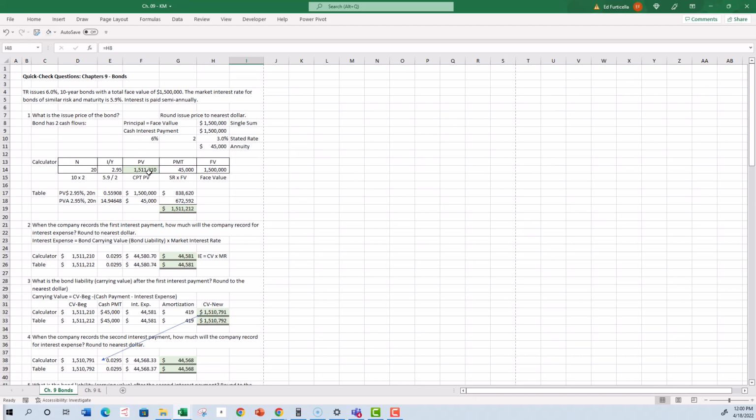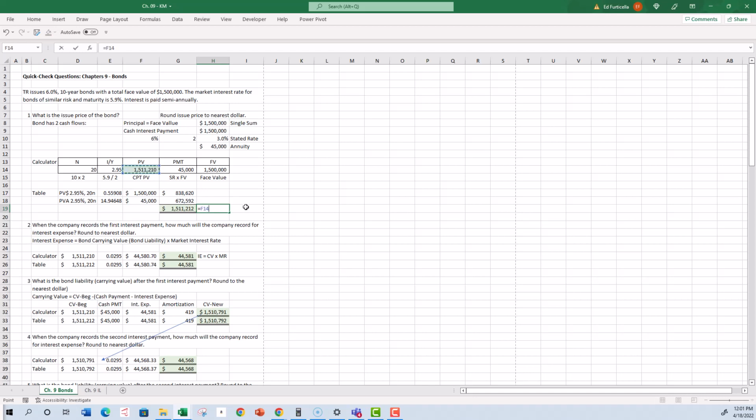In this case, they paid us $1,511,210, and the face value is $1,500,000. At maturity, we're going to give these people $1,500,000 back, not $1,511,210. And what we do over the life of the bond, we amortize this $11,210 difference.